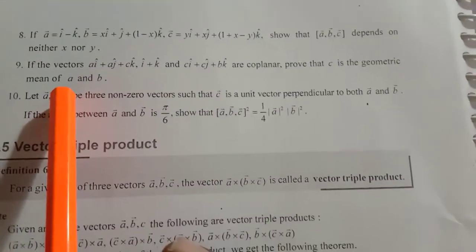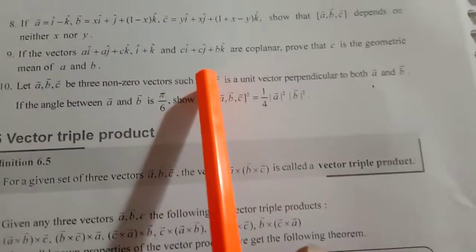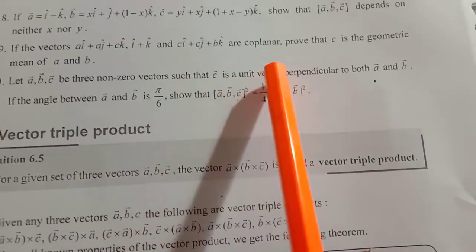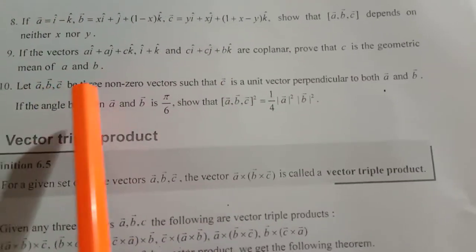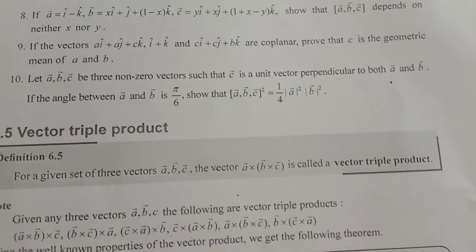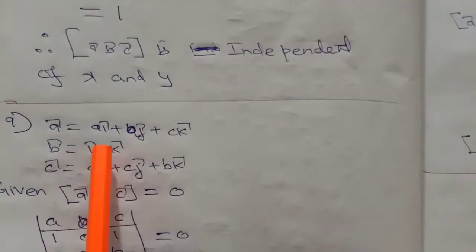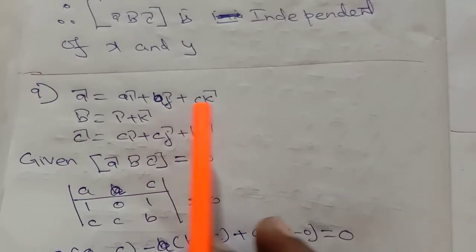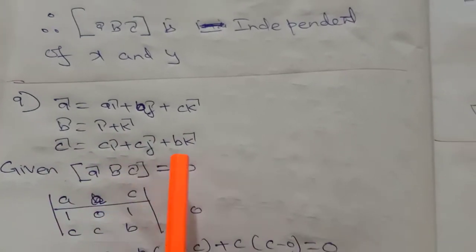So here the 9th question. If the vectors a i plus a j plus c k, i plus k, c i plus c j plus b k are coplanar, prove that c is the geometric mean of a and b. So vector A is a i plus a j plus c k, vector B equals i plus k, vector C equals c i plus c j plus b k.